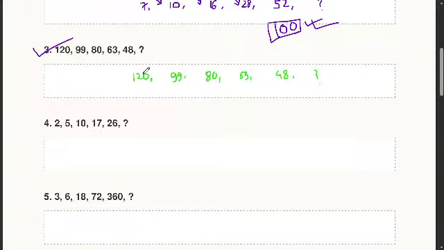So we can see that this is something like an addition subtraction case. As the numbers are very close, 120 is very close to 99, 99 is very close to 80, 80 is very close to 63, 63 is very close to 48.